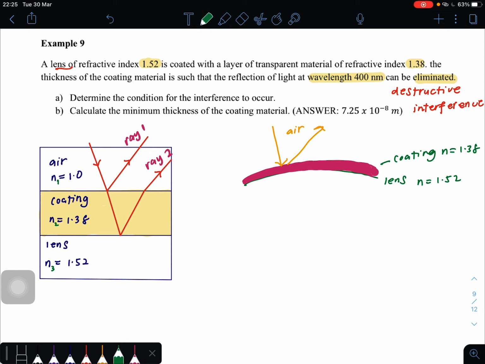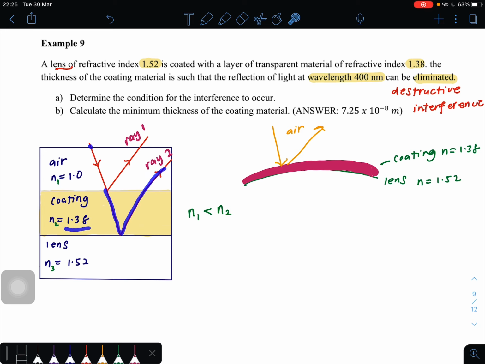Okay, so now for ray 1, light travels from air to the coating, right? Where air is 1.0 and coating is 1.38. So here N1 is less dense than N2. And then from the coating it will travel to the lens and be reflected.